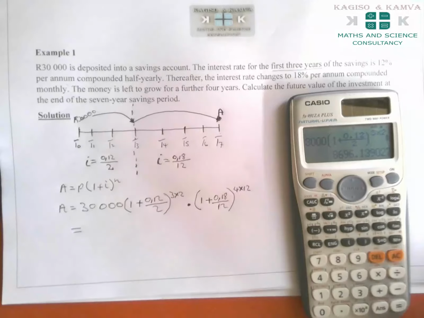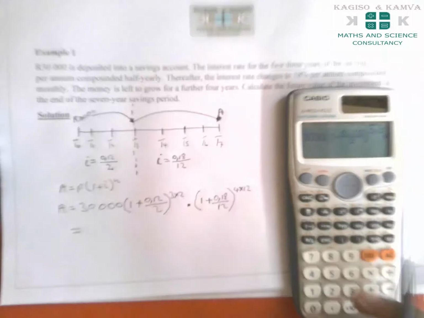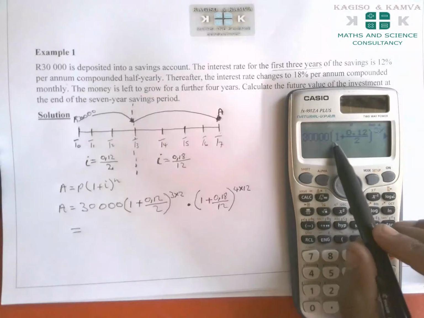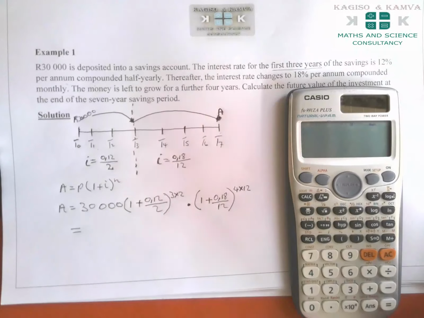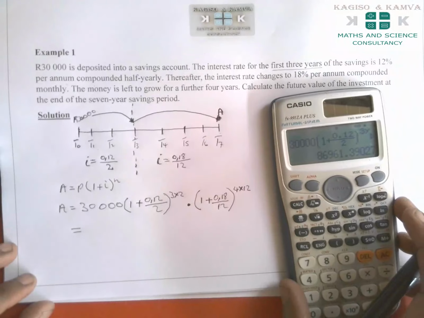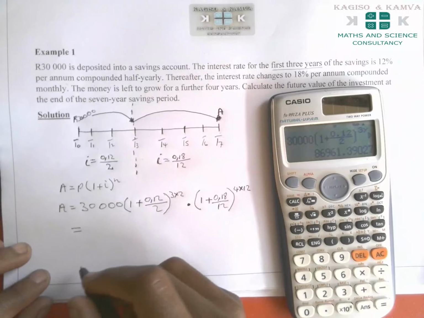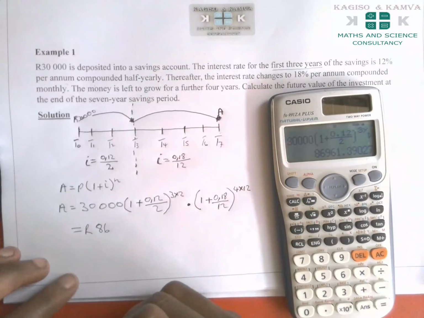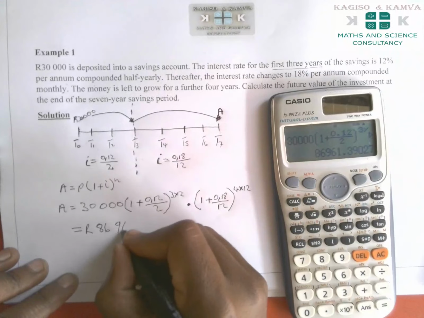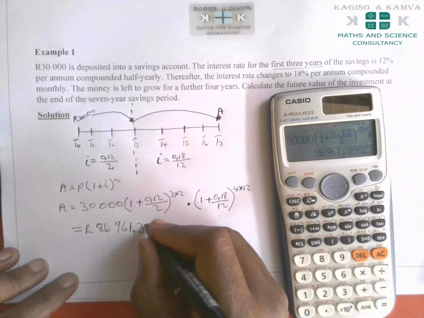How much did you get there? No, sorry, this is supposed to be 30,000. I punched 3,000 by mistake there. So it's supposed to be 30,000. So at the end of the 7 years, we're going to have 86,961.39.